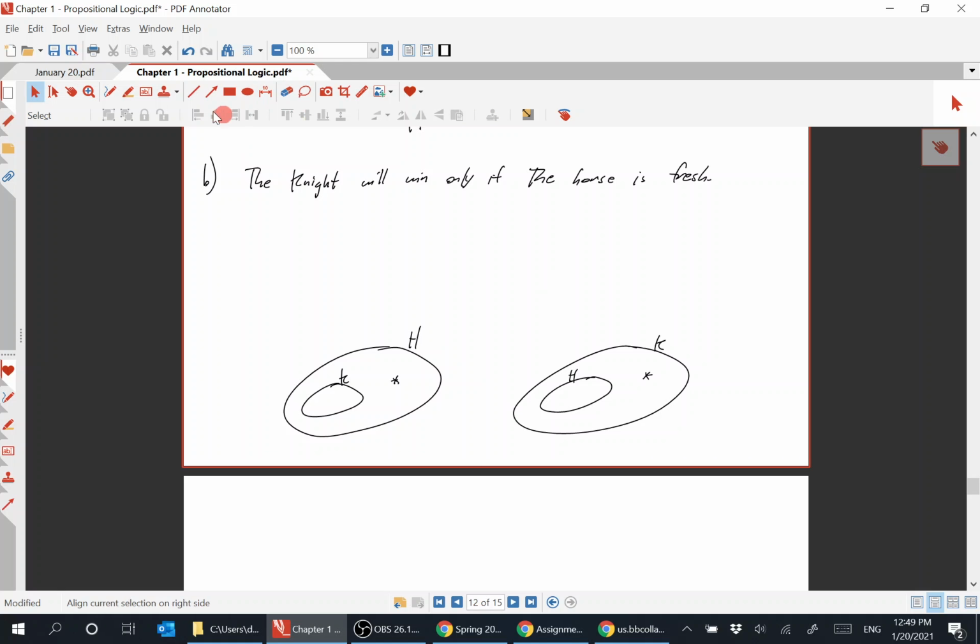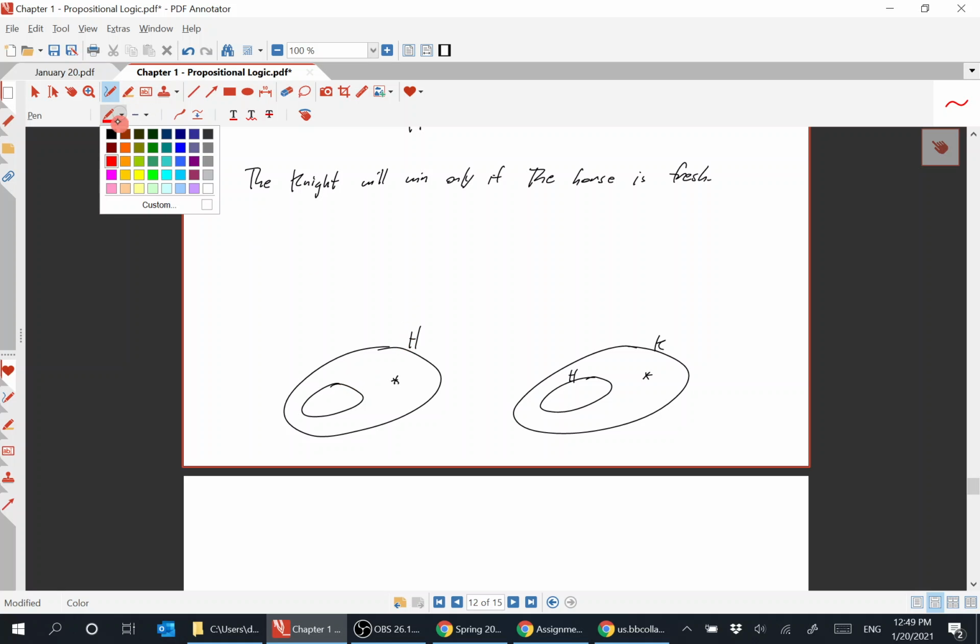All right, so remember, implication is a containment relationship. This one represents K implies H, and this one represents H implies K. So now if you look at something in the gap here, this is an instance of K not and H. The knight lost, and his horse is fresh.